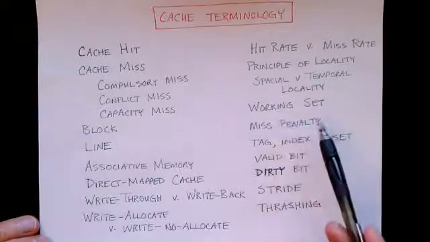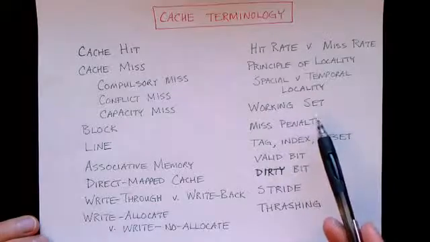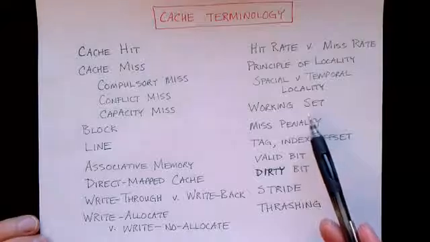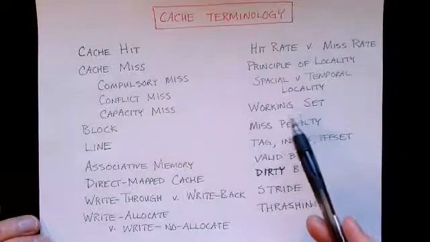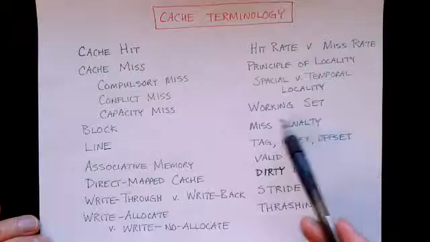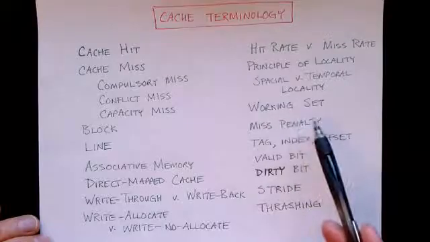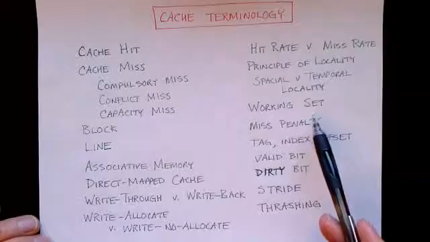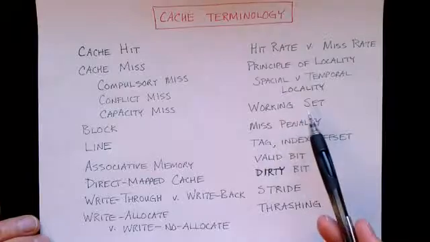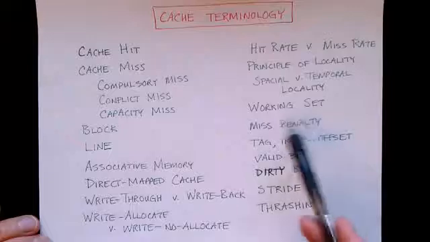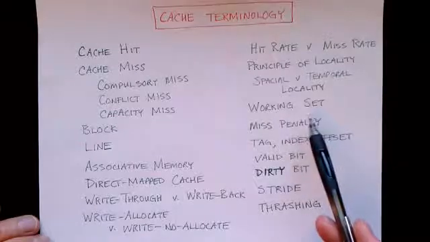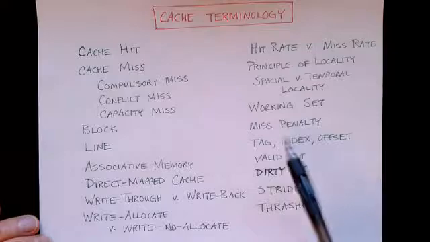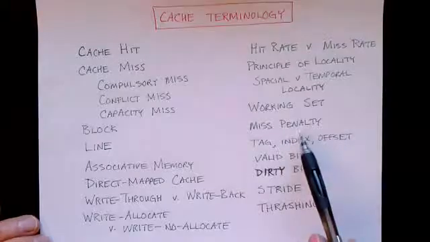If we can get the working set into cache, then access to those bytes that we need will be fast. If, on the other hand, we cannot get the working set into the cache memory, then the program will have to go out to the main memory. So the program will run more slowly because the CPU will not be able to get the data out of cache. It will have to go to main memory and pay a miss penalty for many of the accesses.